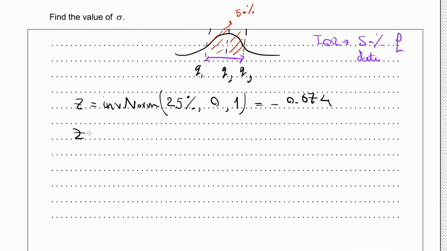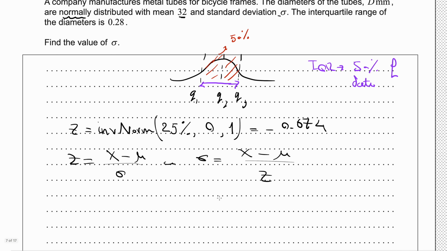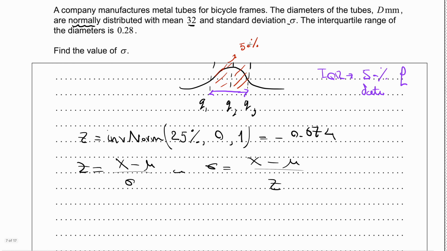Now we know z is simply x minus mu over the standard deviation. So you can plug in your x, your mu and your z. But what should we plug in for x? We have our mu, which is our Q2.